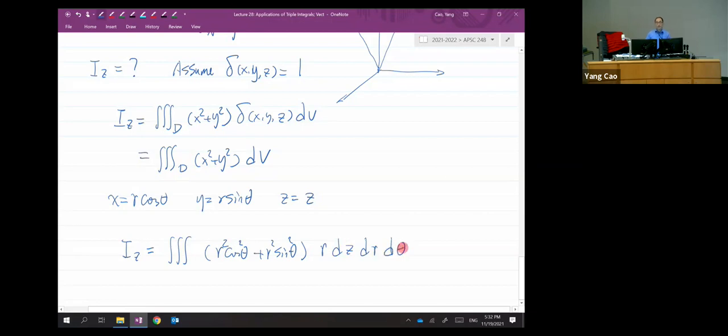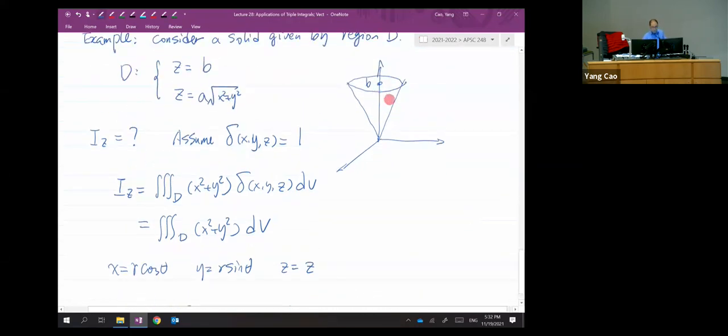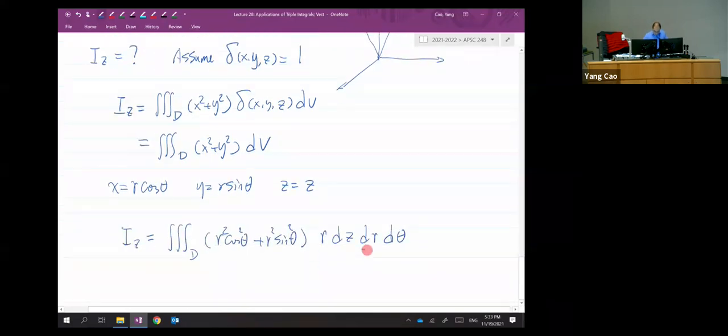And for the order of integration, I have already recommended that you integrate with respect to z first, then dr and d theta. The region is not going to change. It's still this region. However, you need to find the limits for z, r, theta.